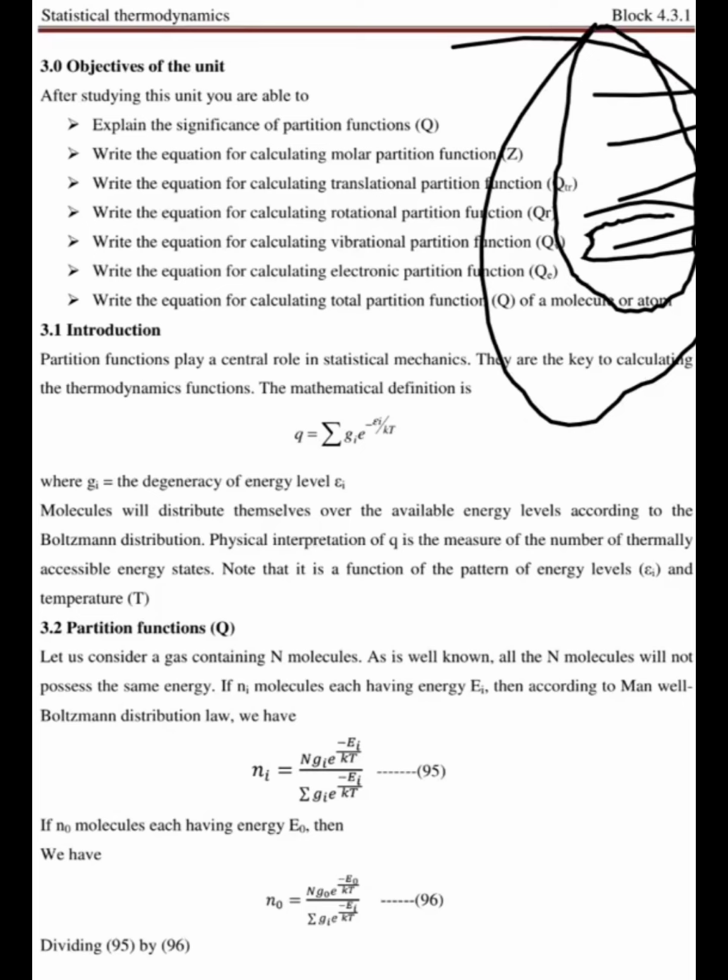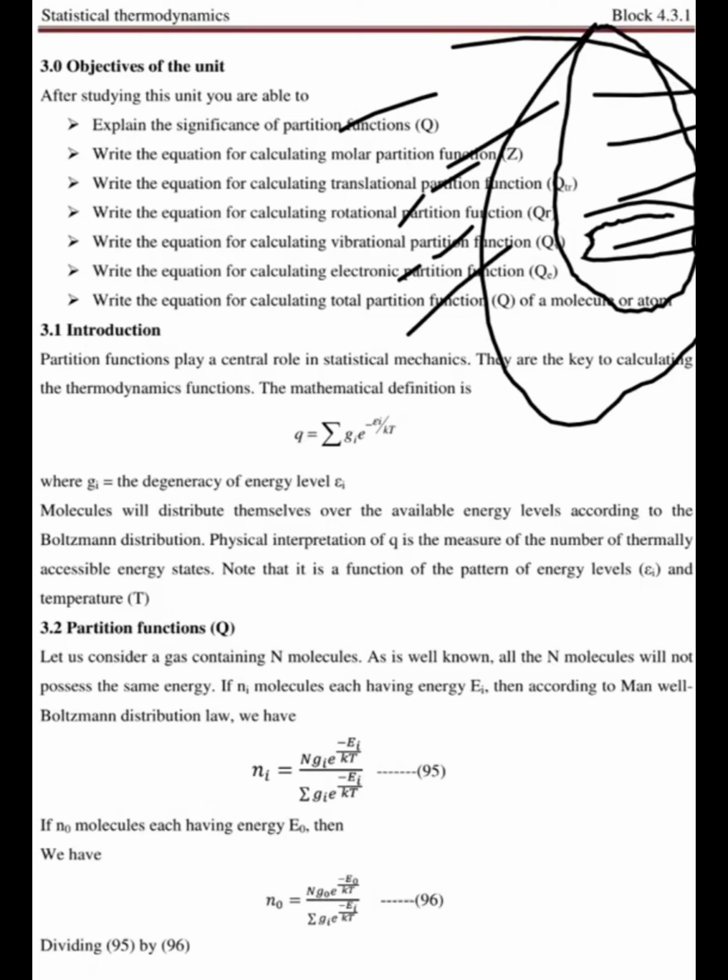In this unit, you are going to discuss the significance of the partition function, and calculating the molar partition function, translational partition function, rotational partition function, vibrational partition function, electronic partition function, and the total partition function or molecular partition function.